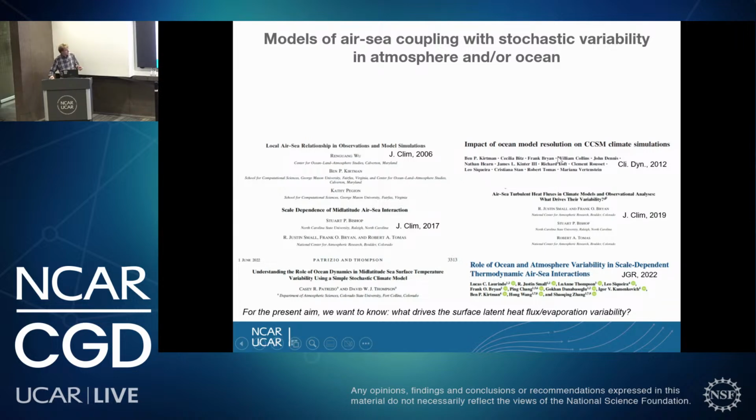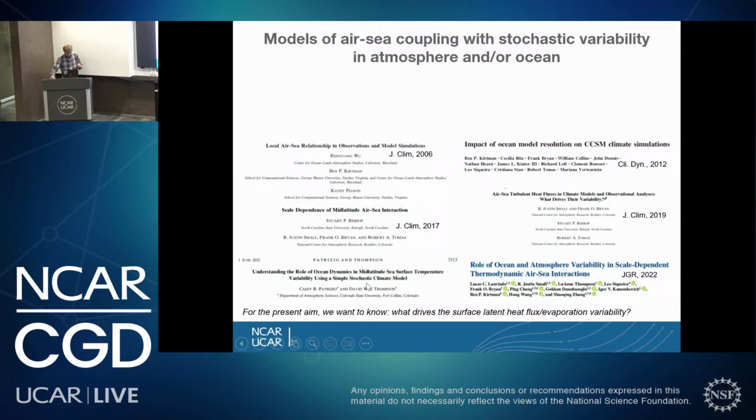And then after that, Kirtman et al., the first paper to kind of hint that this might be happening in climate models. And I'll go back to that. Stu Bishop led our paper on the scale dependence of this air-sea interaction. Then we had a paper looking at what drives the air-sea fluxes, which is related to this question.